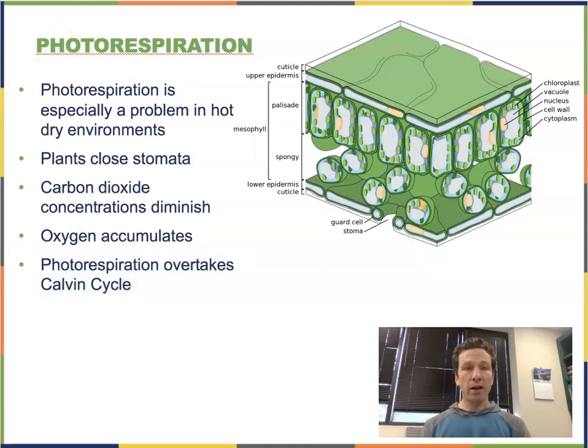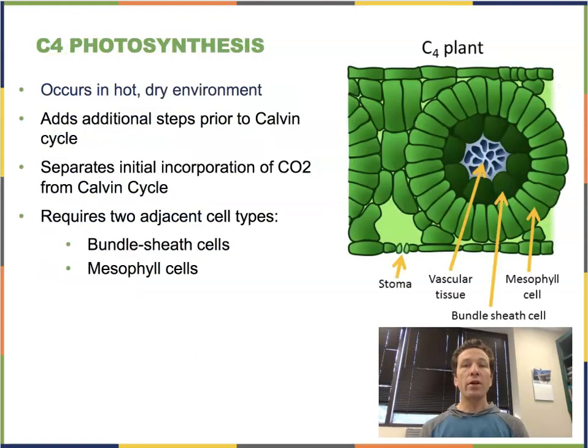Plants in hot, dry environments have an alternative process to deal with this. There are 2 closely related processes, one called CAM photosynthesis and one called C4 photosynthesis. We will focus on the C4 photosynthesis. We said this happens in hot, dry environments, so this is where we find most plants that have this process. Not all plants can do it, only a subset of plant species are capable.